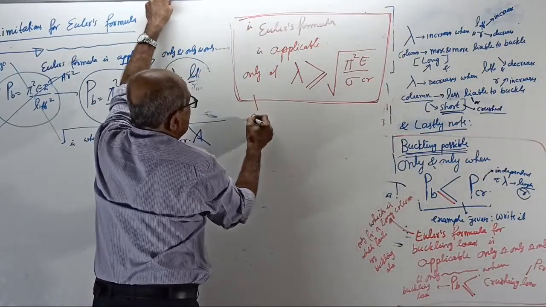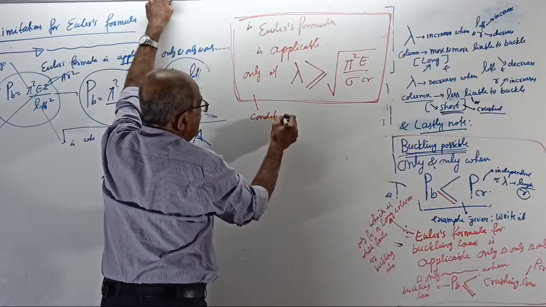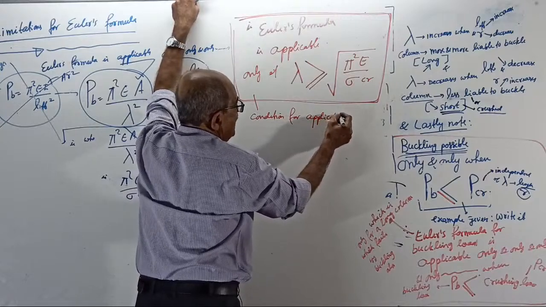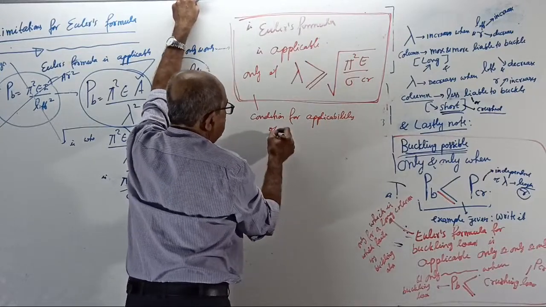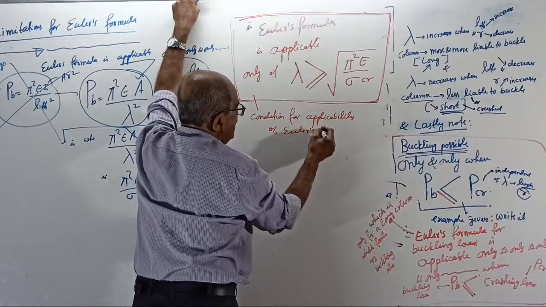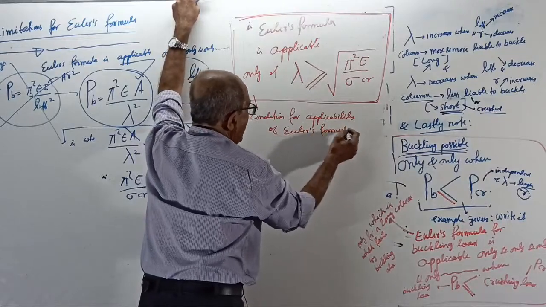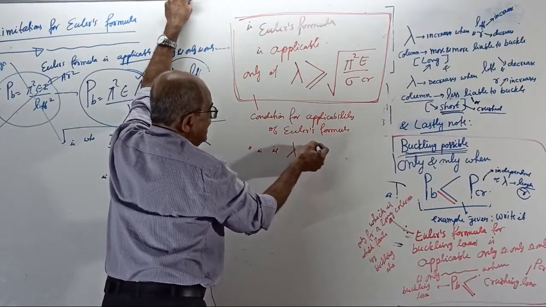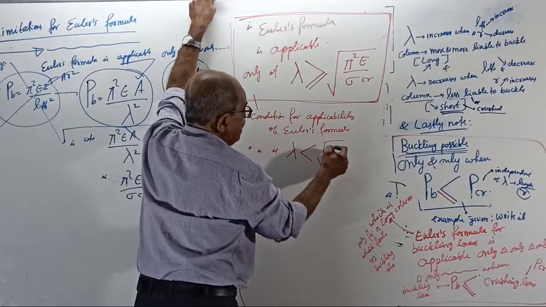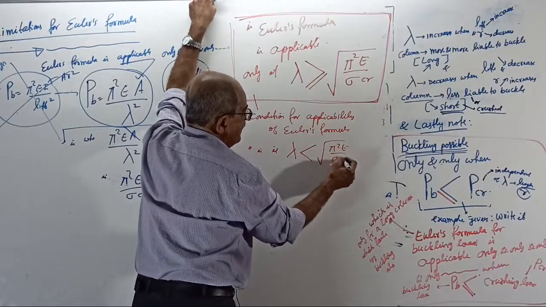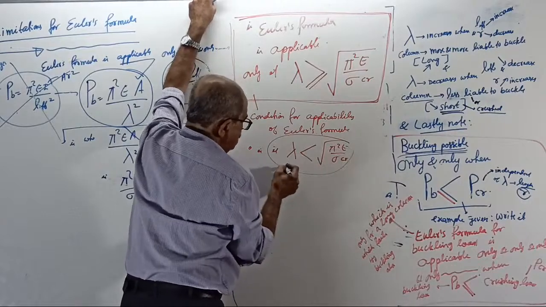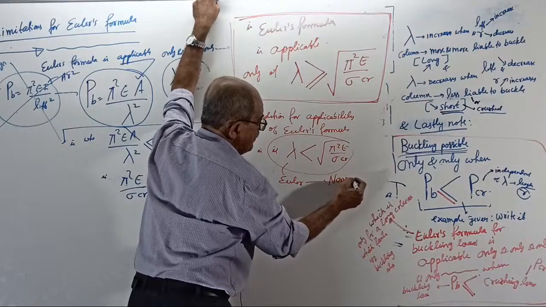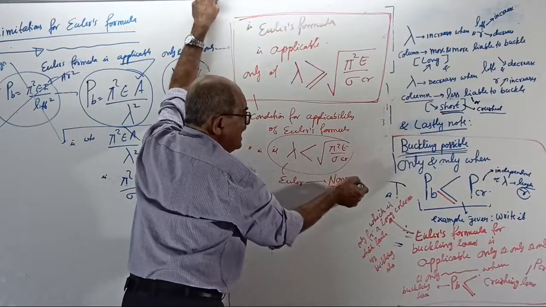Now, this is the expression for the condition for applicability of Euler's formula. That means if your lambda is less than root of pi square E by sigma CR, then Euler's formula becomes nonsense, a meaningless formula.